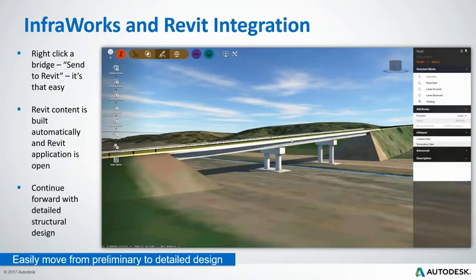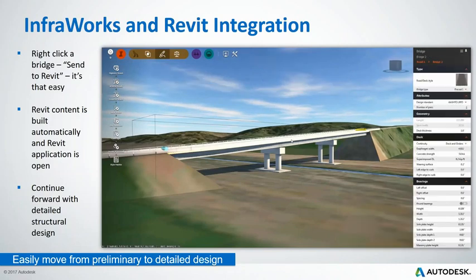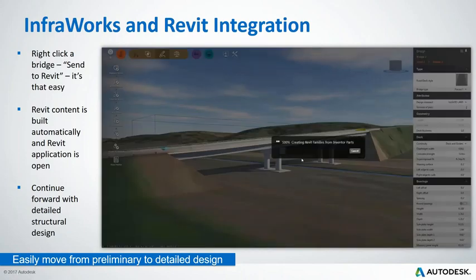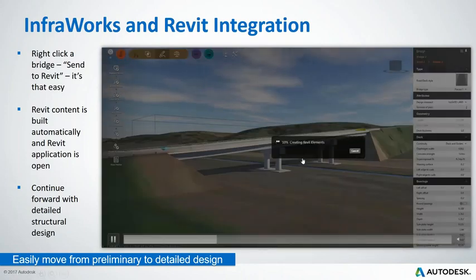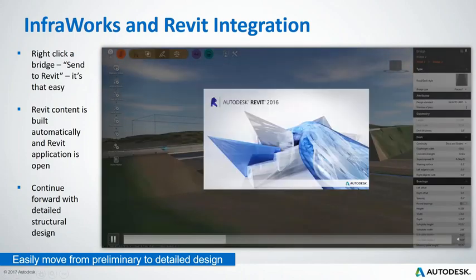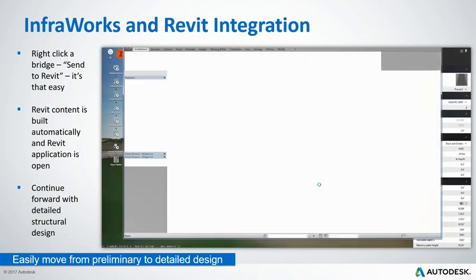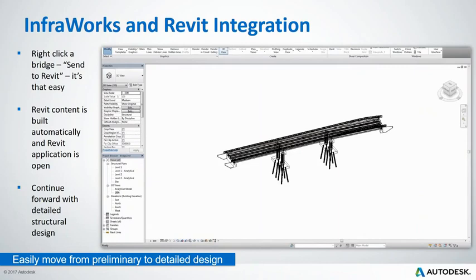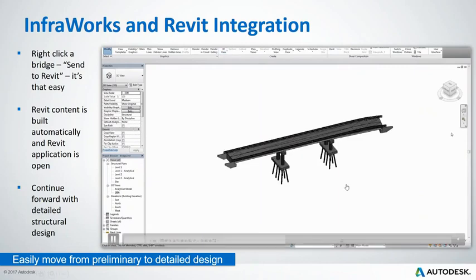Finally, within the bridge design module, I'm going to talk about the integration with Revit and Civil 3D. With a single click, as you're seeing on your screens right now, I just have to select the bridge, right click, and then hit the send to Revit option. It will take a couple of minutes depending on the length and complexity of that bridge, and that bridge will open within Revit with all of its structural components as Revit families.